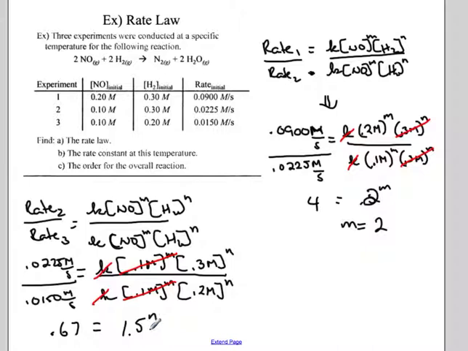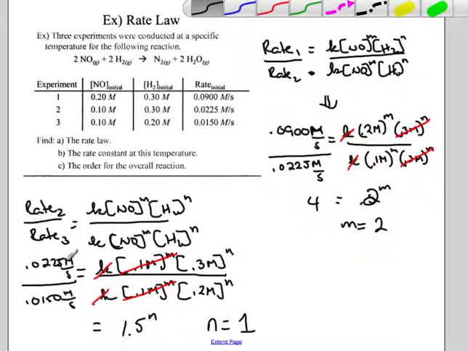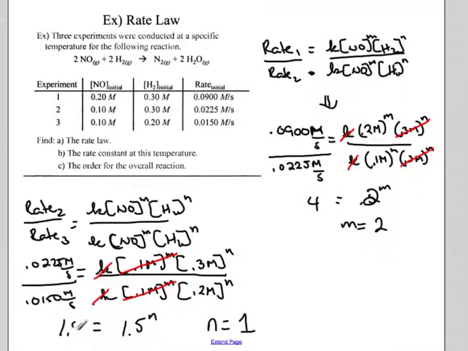Actually, I'm wrong earlier: the 0.0225 divided by 0.015 is 1.5. So here, notice that N has to be 1, so that 1.5 equals 1.5. So N is 1. We now know N is 1.